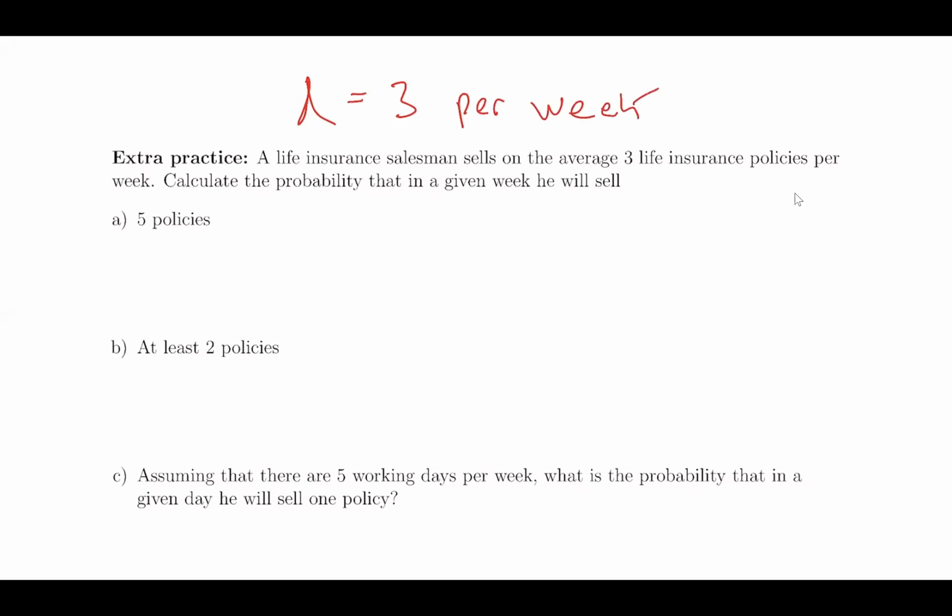For part A, it says calculate the probability that in a given week he will sell 5 policies. For this one, time is equal to 1 because we want to do it for a given week. So that means mu will equal what?